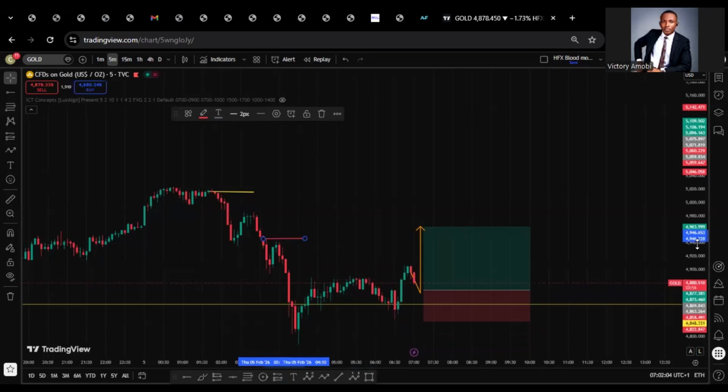maximizing your leverage and understanding your leverage as well. Some brokers will give you unlimited leverage. One is to 2,000, one is to 3,000, one is to 1,000.